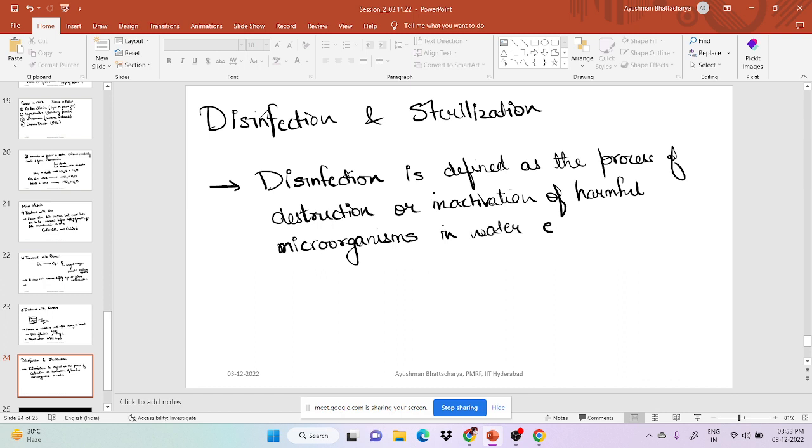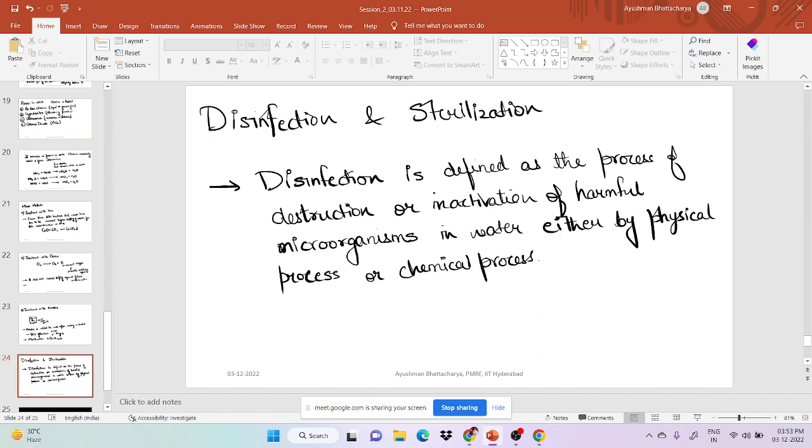Either by physical process or chemical process.